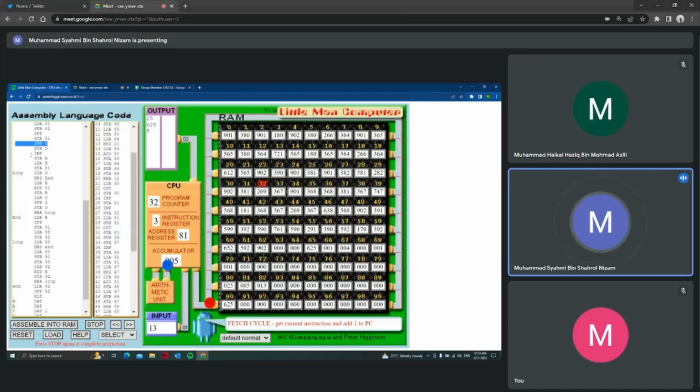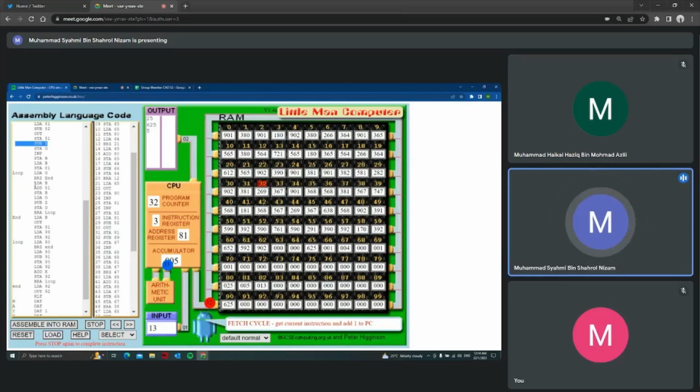Next step we put the input, which is E, and STA B, for our B it will store at 68, and load B 68, and then we store at address 81. So here load O, which is our O is 67, and BRZ N, which is when the value of O is 0, it will end the process.